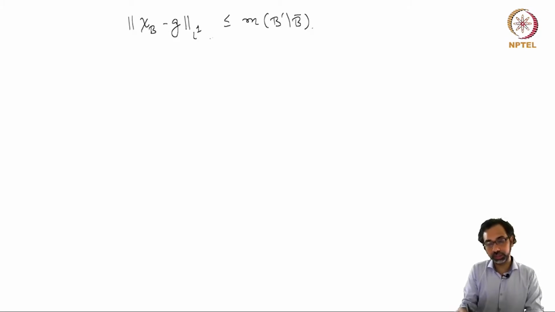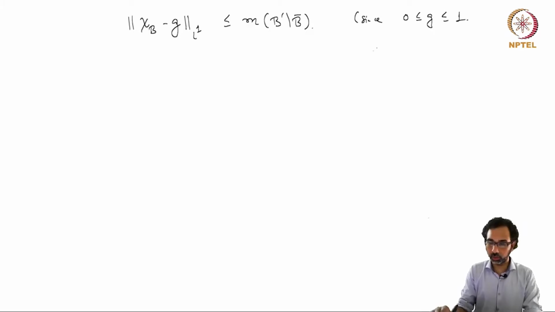So since g takes values between 0 and 1, the norm is less than or equal to 1 times the measure of the set on which g is strictly between 0 and 1. So this is what we get, and this is less than or equal to epsilon.